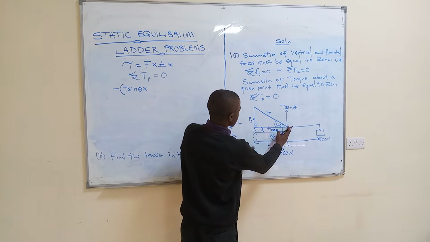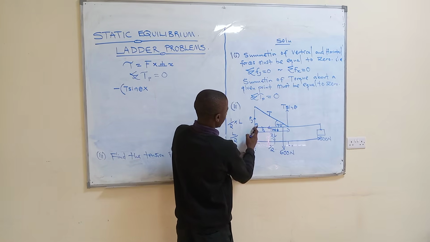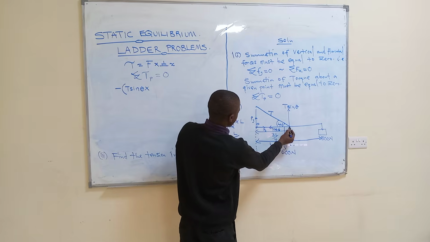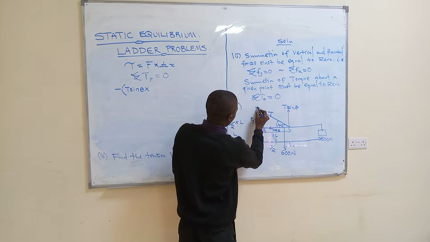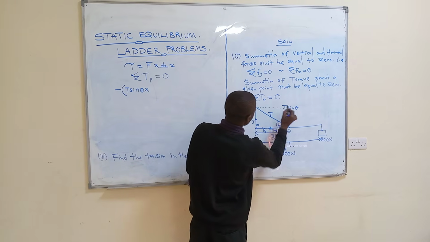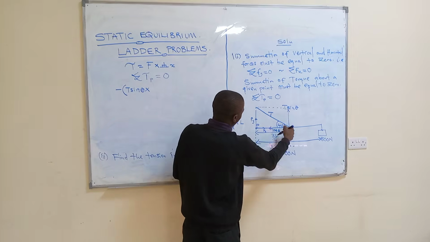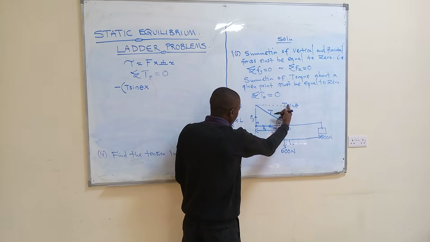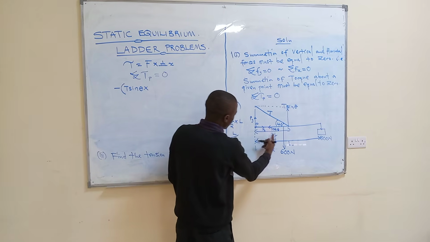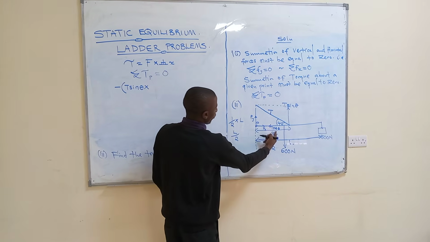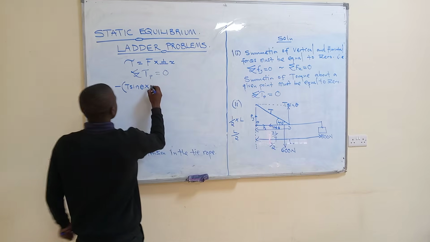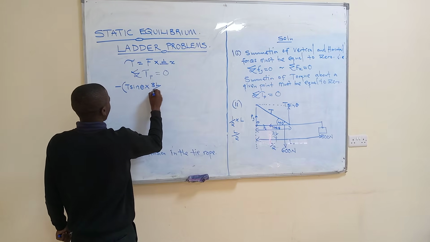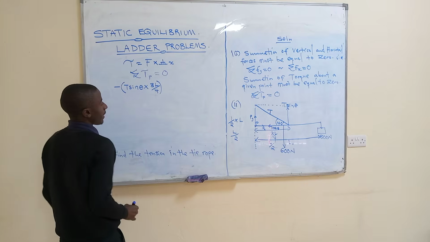The distance from that point to that point is also equal from this point to where it was, because this is a triangle. The properties of the triangle is that this length is equal to that length, which is 3 over 4 L. So 3L over 4.